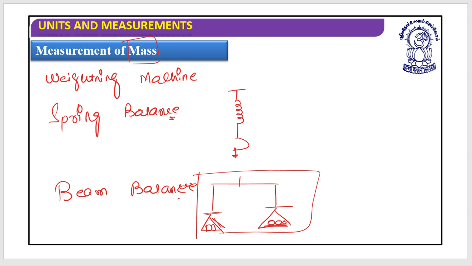So this is the beam balance. Generally in previous days we used this to measure the mass of ornaments and so on. So this is all about the measurement of masses. We have a different approach, we have a different methodology, and we just calculate this.